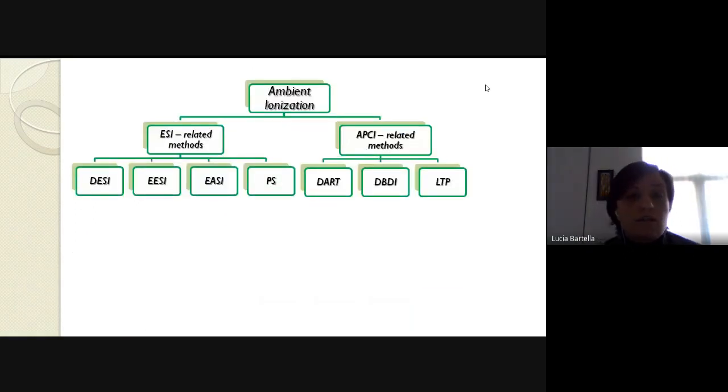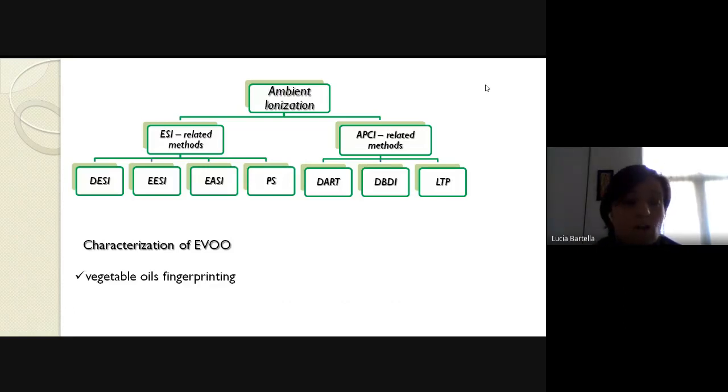As regards the quality of olive oil, many approaches were developed for the assessment of quality and safety of this matrix. Some of these are based on the characterization of the matrix, so by performing MS fingerprinting or MS profiling of the triacylglycerols fraction, fatty acid fraction, or phenolic compounds.